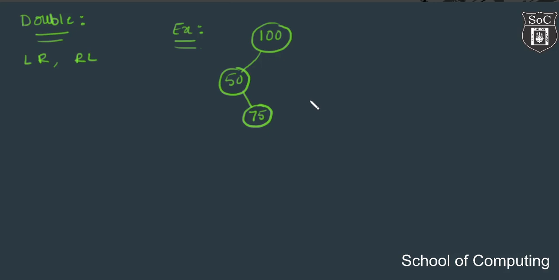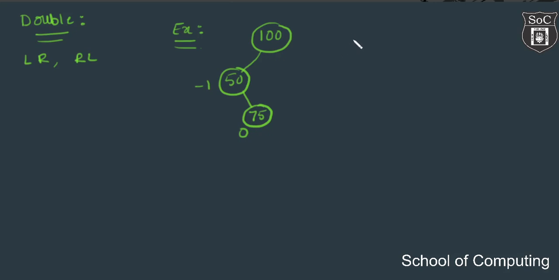Now let us calculate the height. Height at leaf node is 0, so height at 75 is 0. Height at 50, left minus right. Do I have anything on the left side of 50? Nothing. So 0 minus, on the right side I have one edge. 0 minus 1, it is -1. Similarly, let me calculate height at 100. What is there on the left side of 100? We have two nodes and two edges.